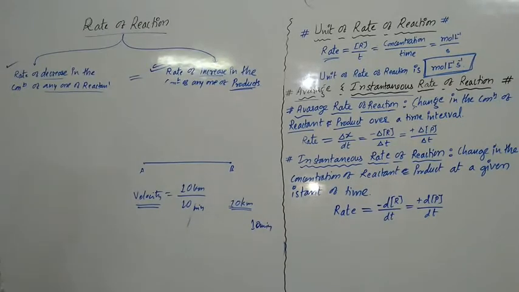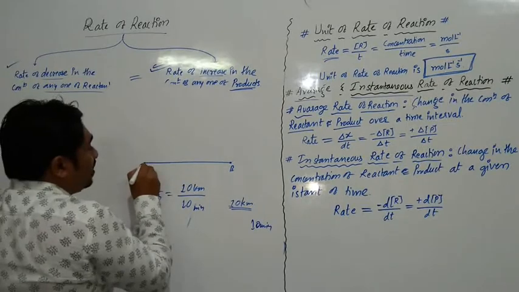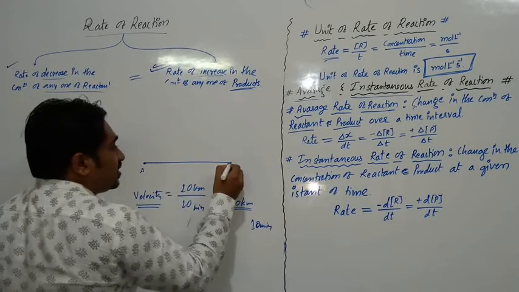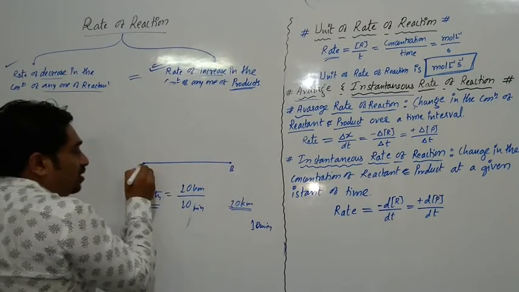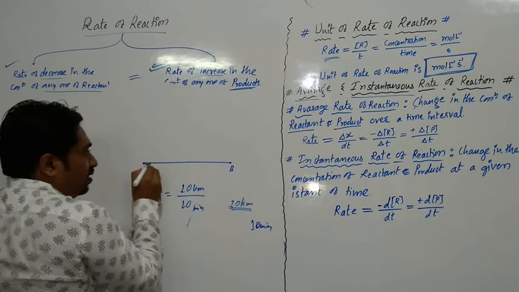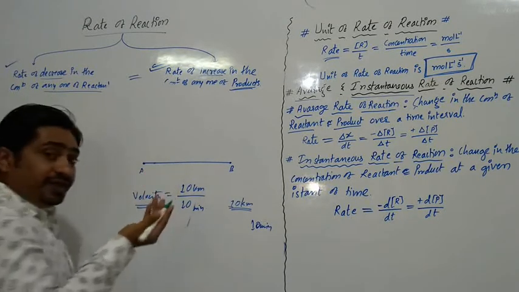Why is it average? See here, the vehicle started at point A and it reached point B. On the way, at some points the velocity of the vehicle may be higher.